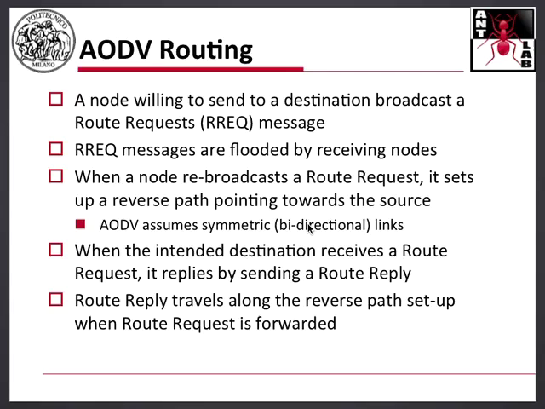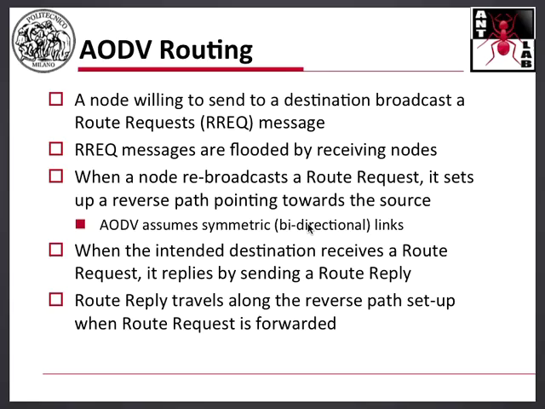The first thing is for this node to issue a route request message, including the information on what the destination is which needs to be discovered. This route request message is flooded, meaning it is sent out in broadcast to all the nodes in the network.